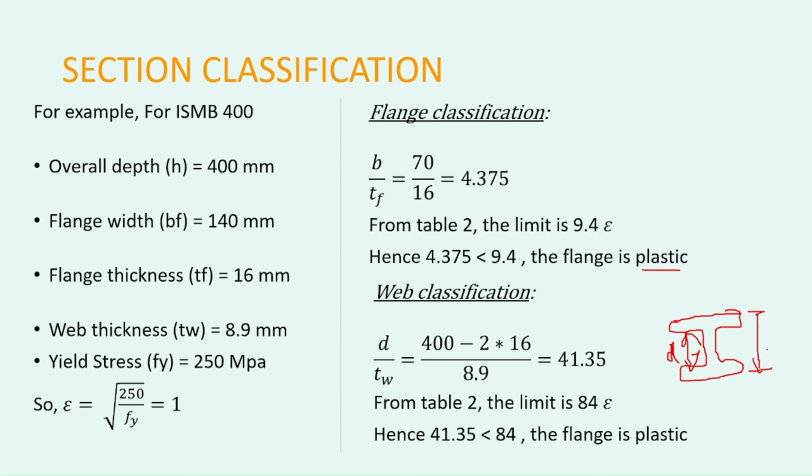Simple, right? Overall depth minus 2 times the flange thickness from the top and the bottom. So overall depth is 400 minus 2 into flange thickness 16, divided by thickness of web, which is 8.9. It will come out as 41.35. Again you can see that it is less than 84. Let me show you these values as well.